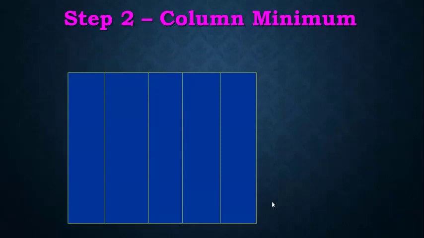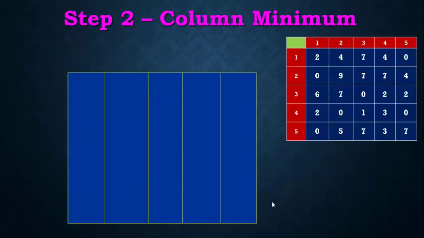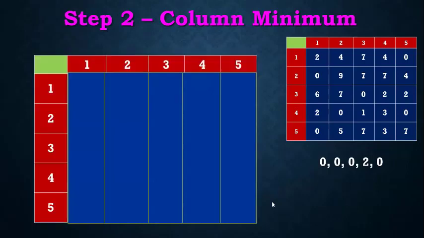The second step is column minimum. In the last drawn table, we are going to note down the column minimum values. First column 0, second column 0, third column 0, fourth column 2, fifth column 0.